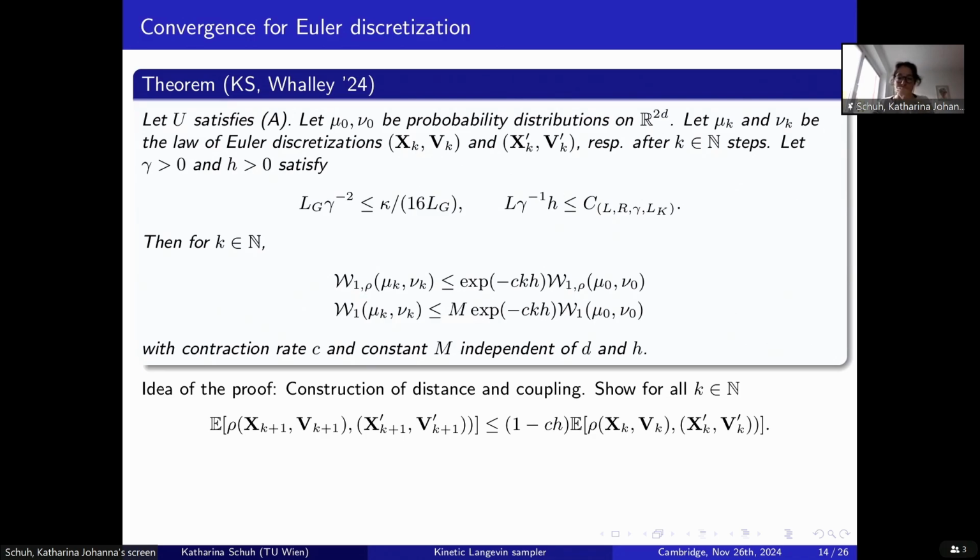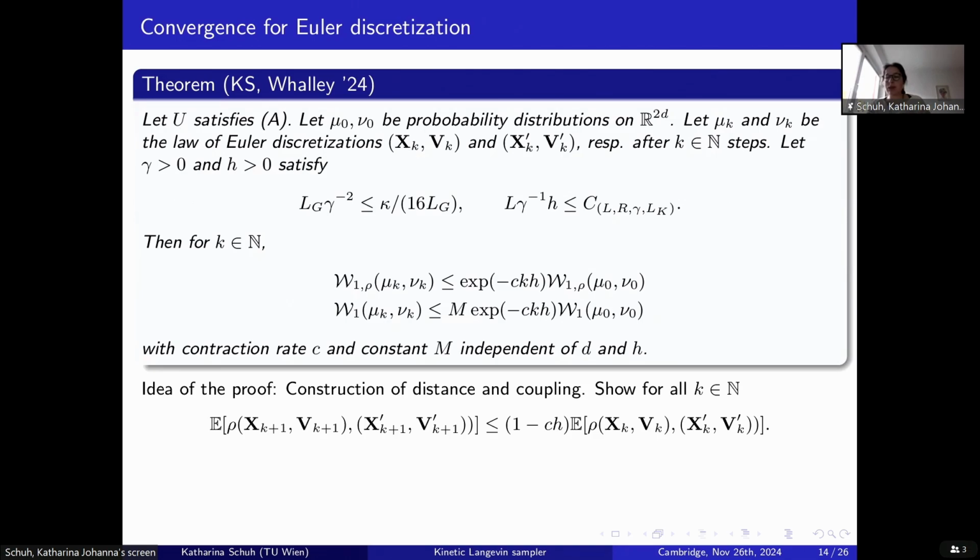Then again, provided that gamma is sufficiently large, so that the Ornstein-Uhlenbeck part gives sufficiently much noise in our system, and now also with the assumption that h needs to be sufficiently small, we can show that we get contraction in Wasserstein distance with respect to this distance rho.